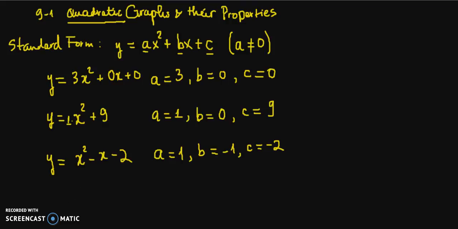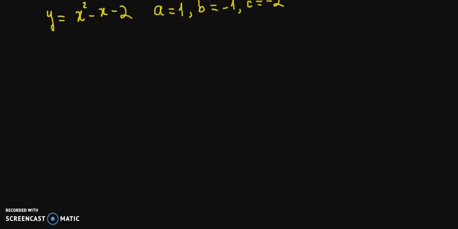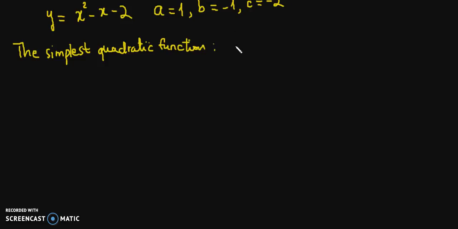Now the question is, what is the simplest quadratic function? The simplest quadratic function is when a equals 1 and b and c equal 0.